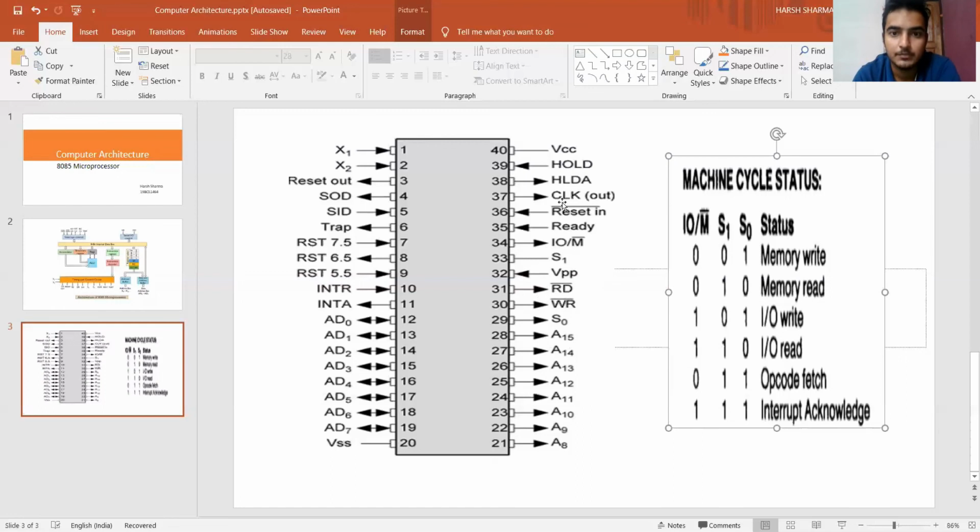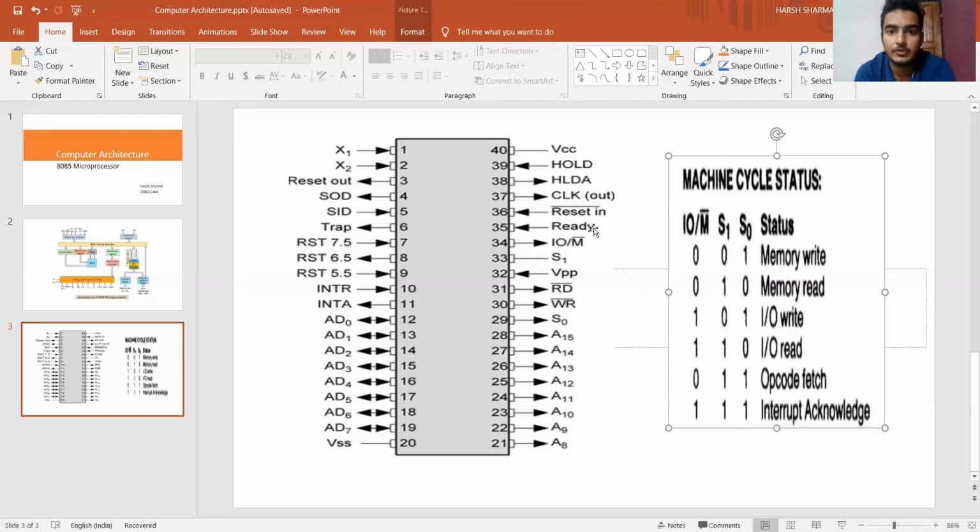Now we are left with HOLD and HLDA, and ready.